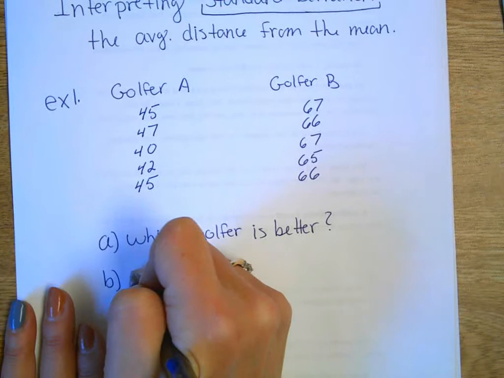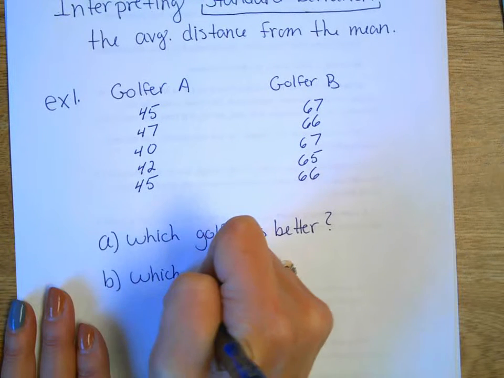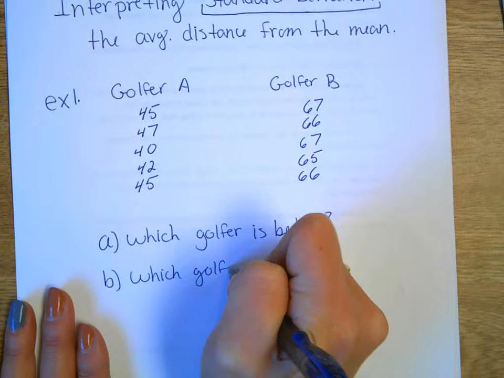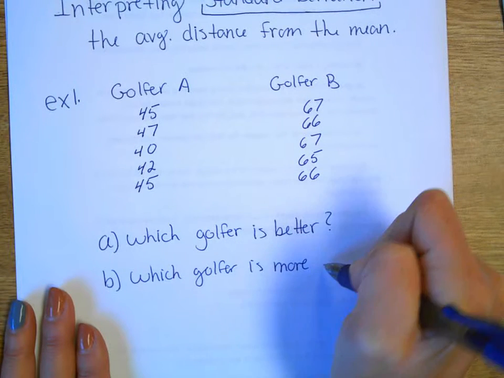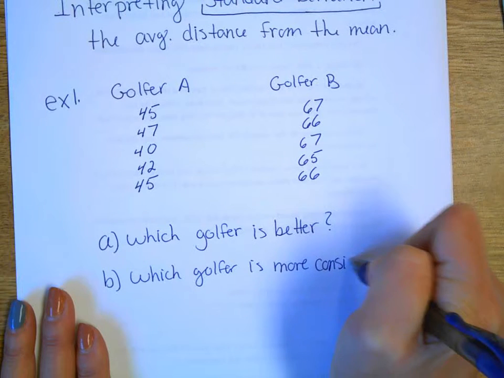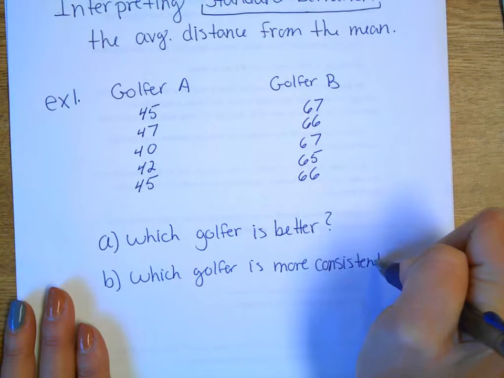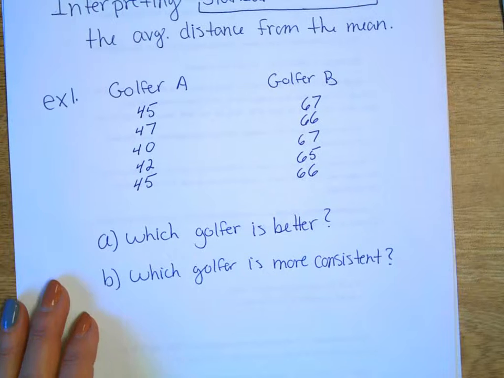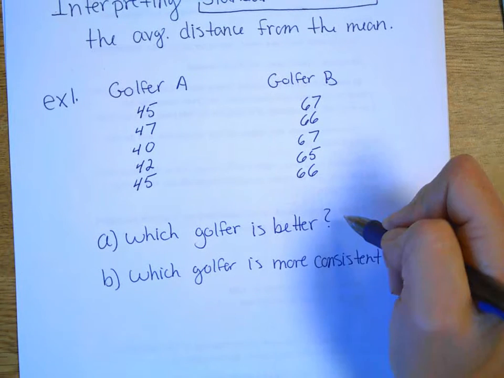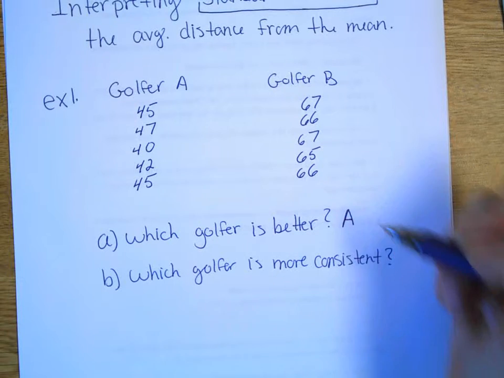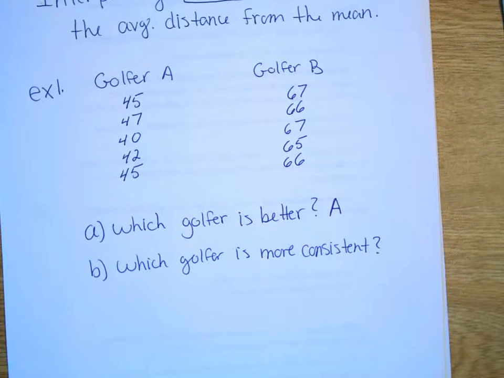Which golfer is better? And which golfer is more consistent? Okay, which one's better? Obviously golfer A, because the goal in golf is to have a low score. Which is more consistent?